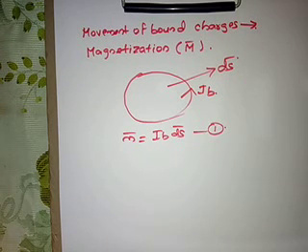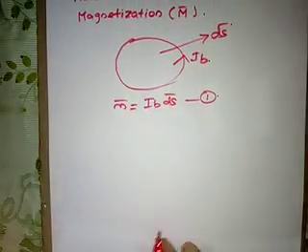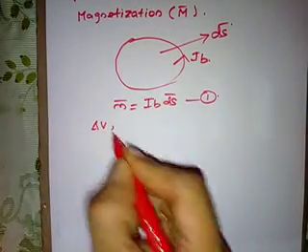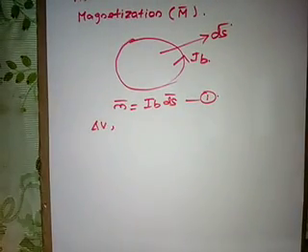Consider a differential volume delta V. Assume that there are n magnetic dipoles per unit volume. So what will be the total magnetic dipole moment? It is obtained by adding all the individual magnetic dipole moments.